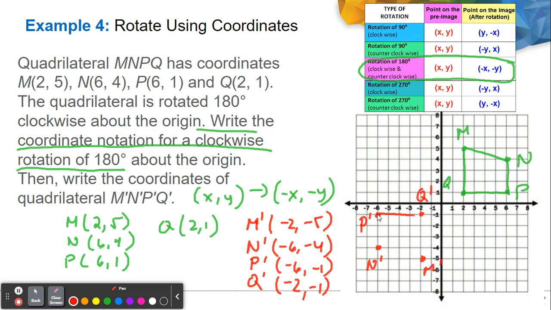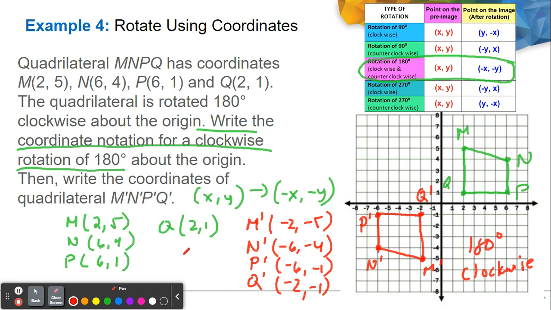Then we connect them so that we have our rotated image. As you can see, we are rotating our image 180 degrees. It's like turning the image upside down. So far we have four examples of rotating an image. I hope you know how to use our rules and how to draw it in the coordinate plane.